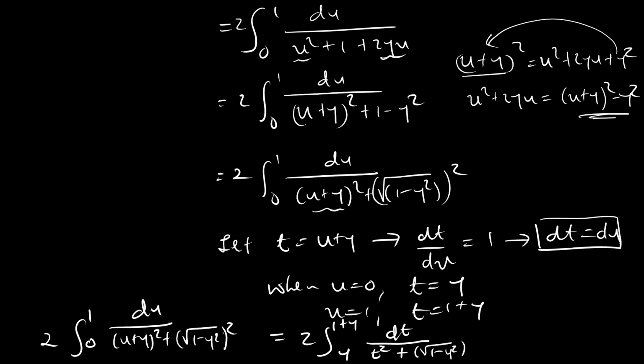Okay, so that's actually progress. So our problem is now the integral from t equals y to t equals 1 plus y of 1 over t squared plus the square of the square root of 1 minus y squared.